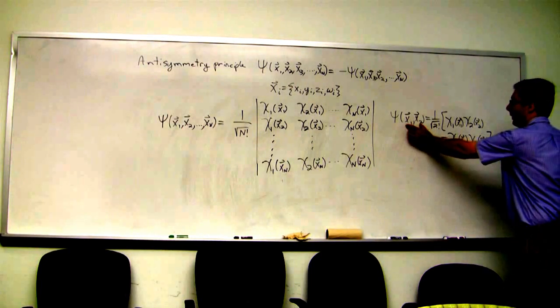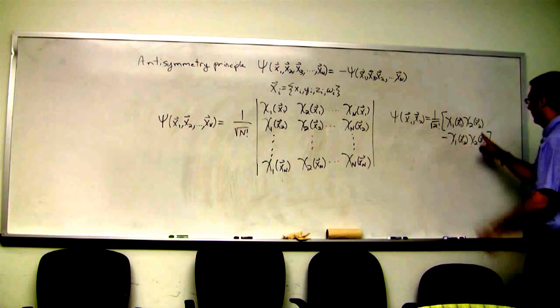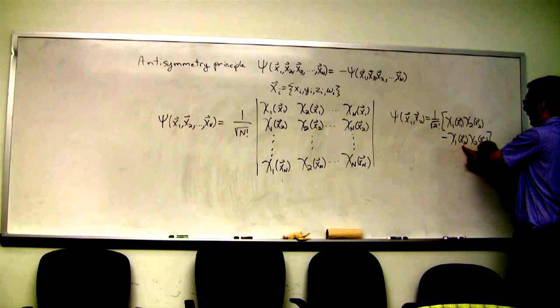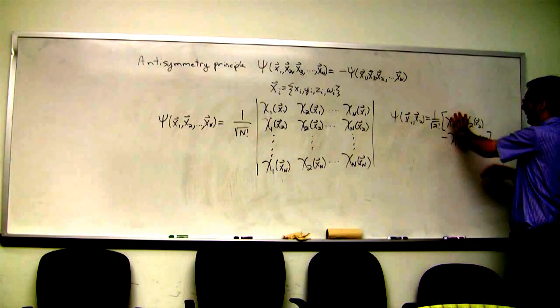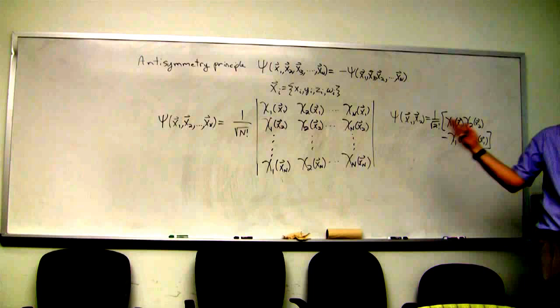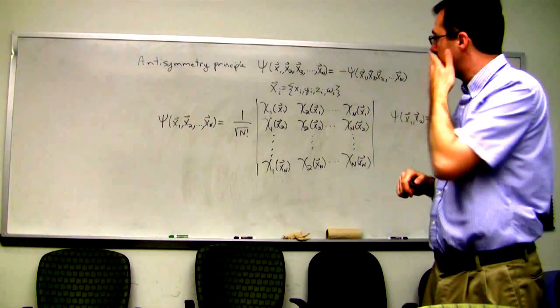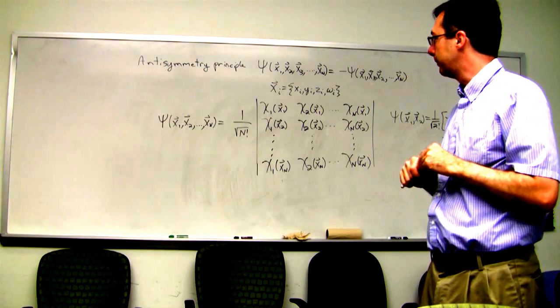And if I were to swap x1 and x2, then I'd swap these two, and I'd swap these two, and then you'd see I'd wind up with this thing, but with a minus sign on it. So it does obey the anti-symmetry principle, which is good. So that's going to be our starting point.